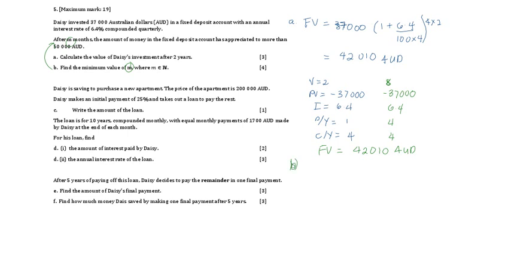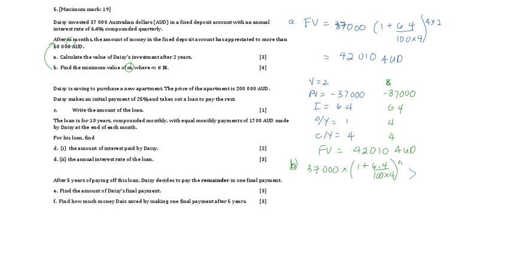so we have 37,000 times 1 plus 6.4 over 100 times 4, raised to n.